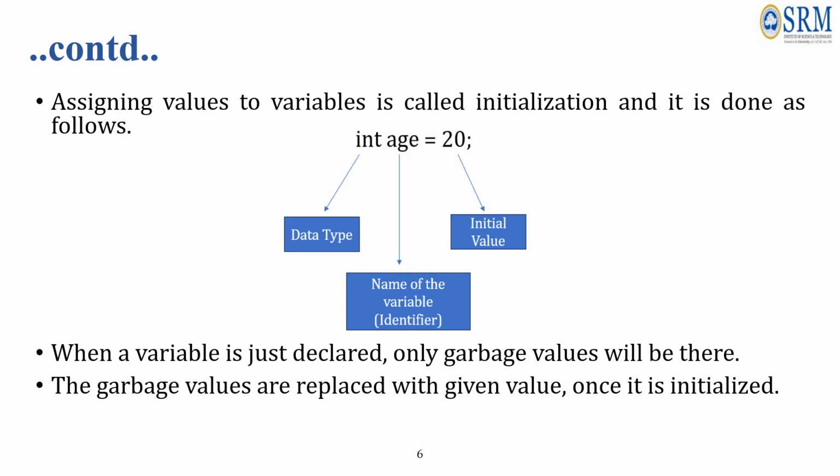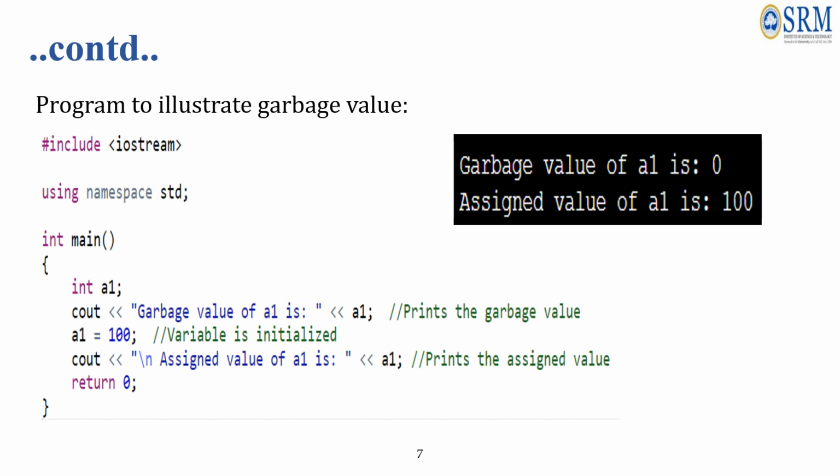Now coming to the garbage value. Here is a program to illustrate how a garbage value is used. We have declared a variable a1 and no initialization is done. If we try to print a1, obviously a garbage value is printed. But after initializing a1 to 100, if I print a1, the value 100 is printed.